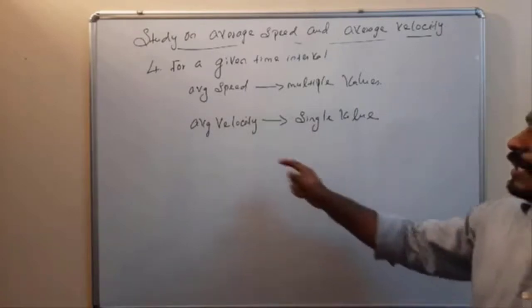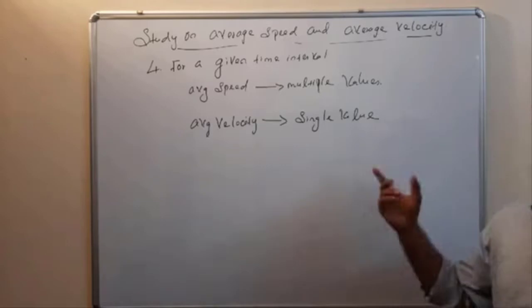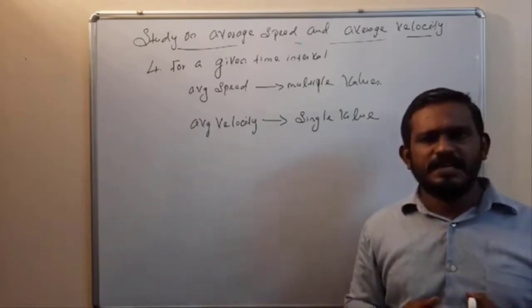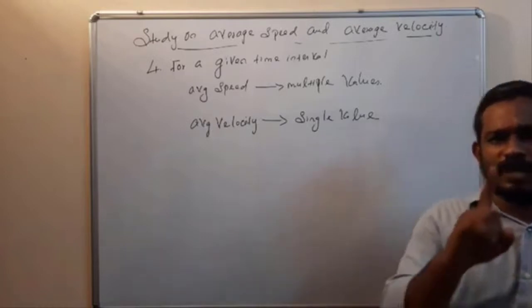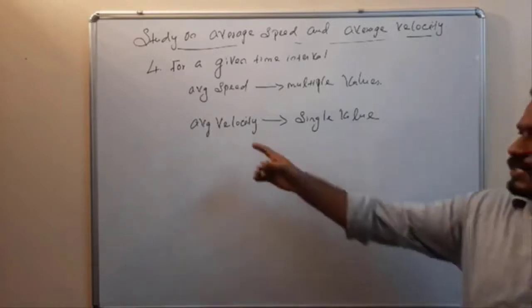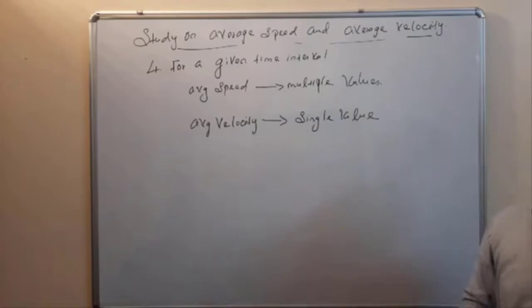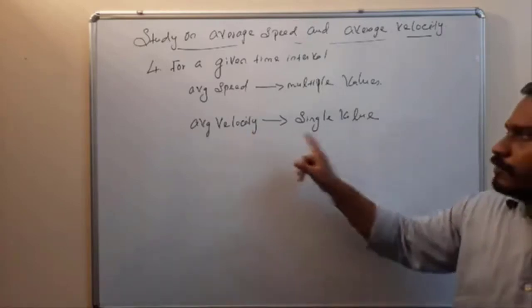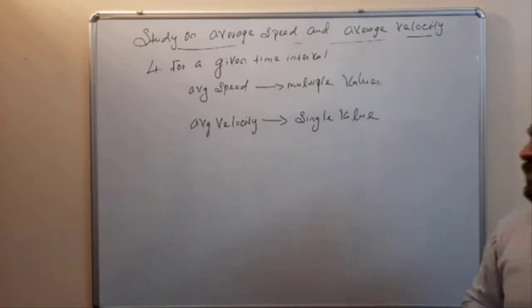Then average velocity has a single value. So whatever may be the journey, from starting point to the end point, we have only one displacement. So average velocity is equal to displacement by time taken. So from the starting point to the end point, we have only one displacement. So average velocity has a single value.